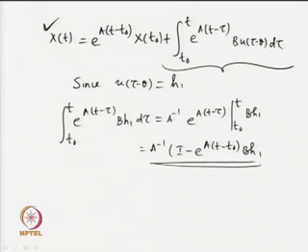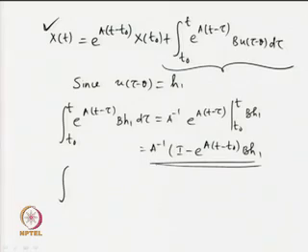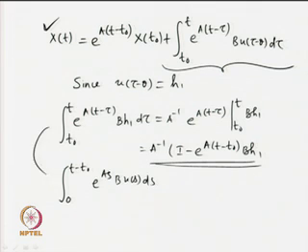Now, the integral can also be obtained using one simpler expression, which can be given in the form of the integral from 0 to t minus t0 of e to the power A s B u(s) ds. So, either one can use the upper one or the bottom one, because the bottom one gives a much simpler expression compared to the earlier one.